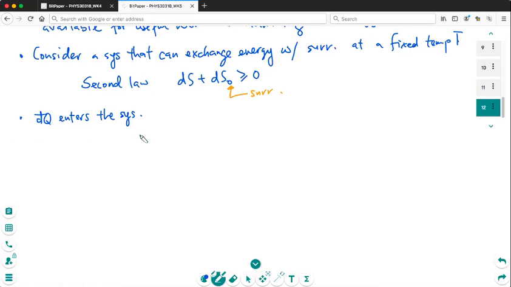In this case, the entropy of the surrounding will change according to this. Now, heat enters the system, so d bar q leaves the surrounding. I have to put a minus sign. And this happens at the temperature T. So the second law would then tell me dS minus this amount has to be greater than or equal to 0.